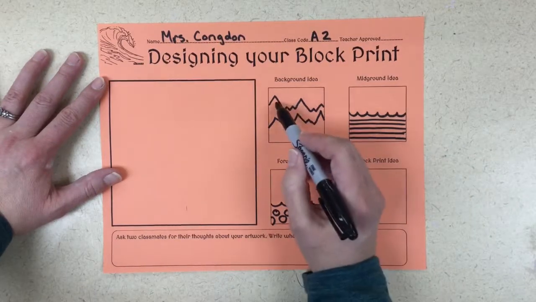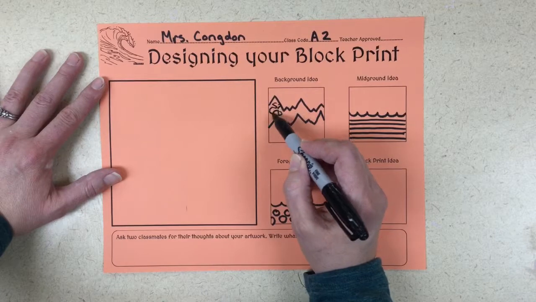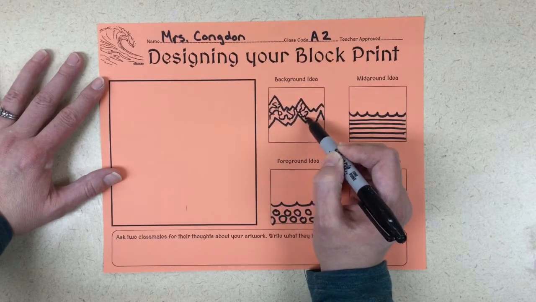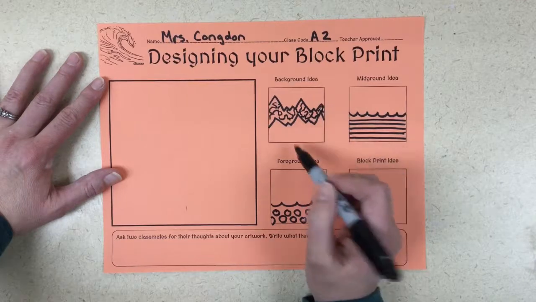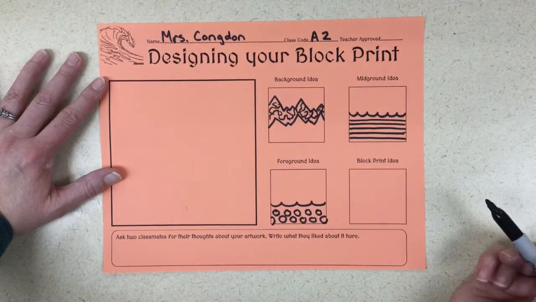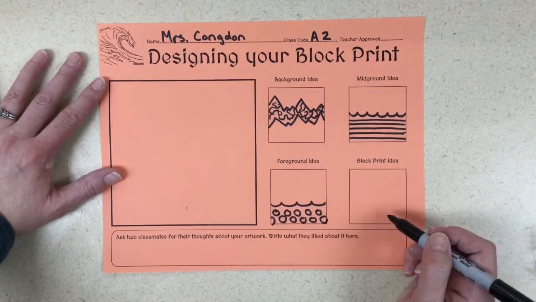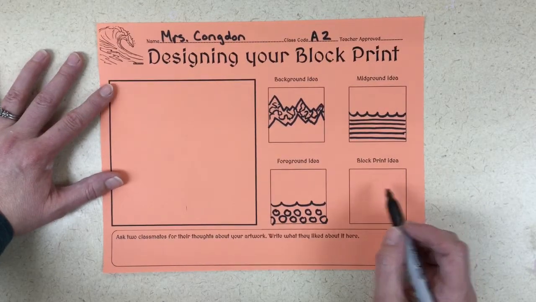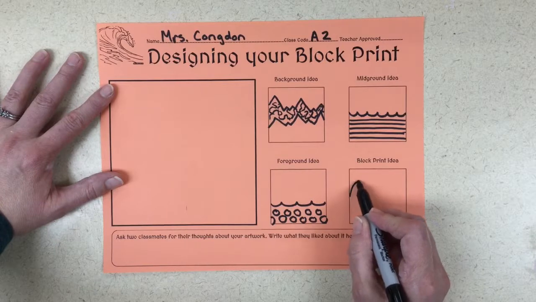And I know on the mountains, I have some texture plates that kind of look like rocks. So I'm going to do some boulders in my mountains like that. And then for the foam block print that I have on my water, let's see, I think I want to do a big wave.